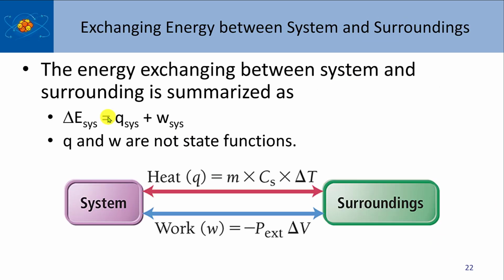So we're at the point where we can talk a little bit about delta E, internal energy changes, and heat and work for a system. As it turns out, we've talked about delta E being a state function, that the change in energy only depends on the final state and the initial state.